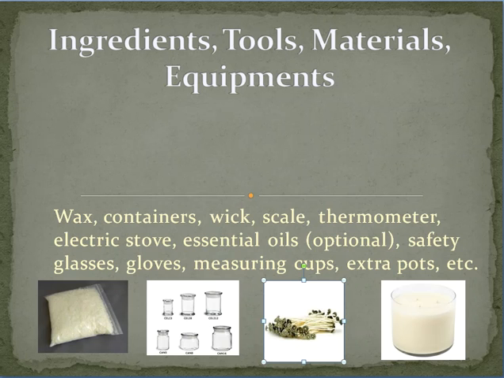It's optional if you like it. I like lavender flavor. Measuring cups, safety labels, safety glasses, which we will discuss in next slide, fire extinguisher, and a few extra parts.